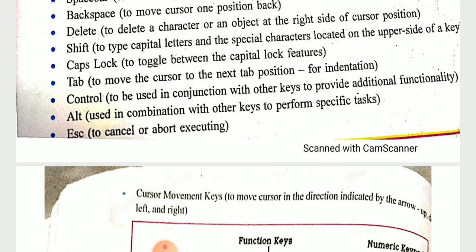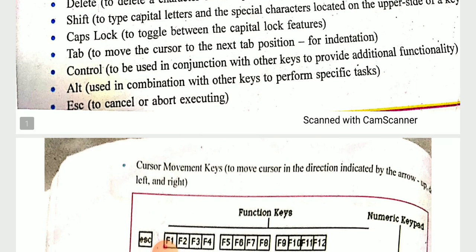Next, caps lock key. With the use of caps lock key, we can write capital letters. Tab key. Tab key is used to move the cursor to the next position for indentation.